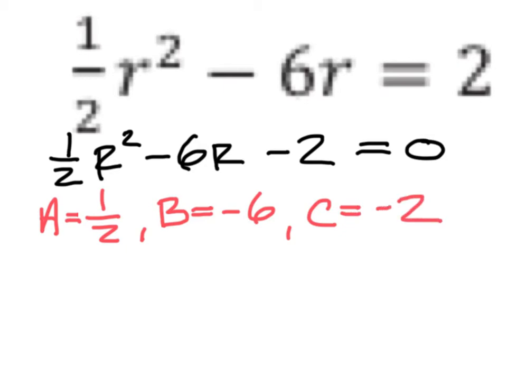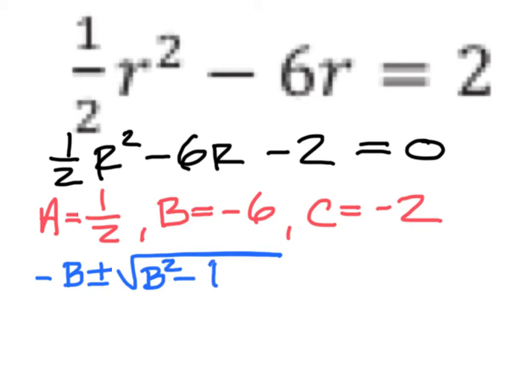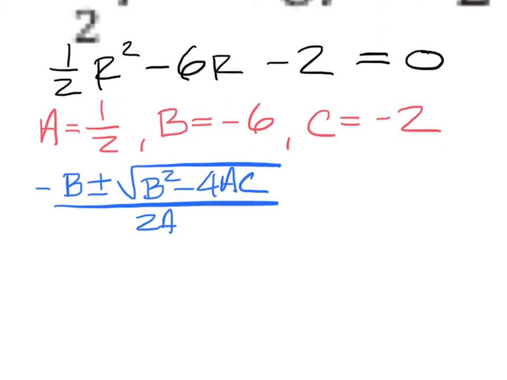Alright, so our formula is negative b plus or minus the square root of b squared minus 4ac over 2a. And we will insert those values into the formula.